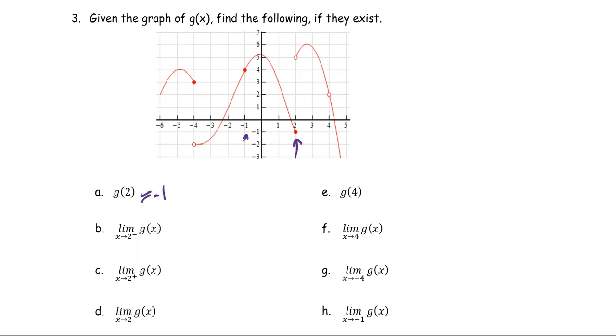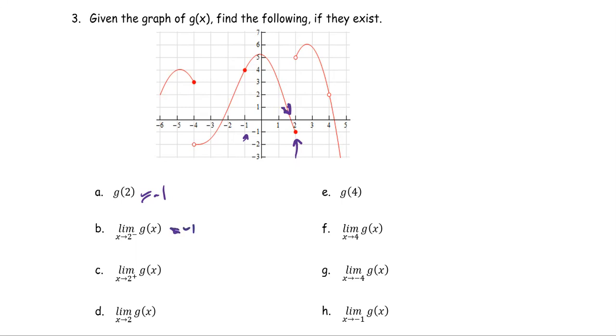Part B, limit of g of x as x approaches 2 from the left. Target the value 2 again, but we are going to look at the function as x approaches 2 from the left side. The value of the function approaches the value negative 1.